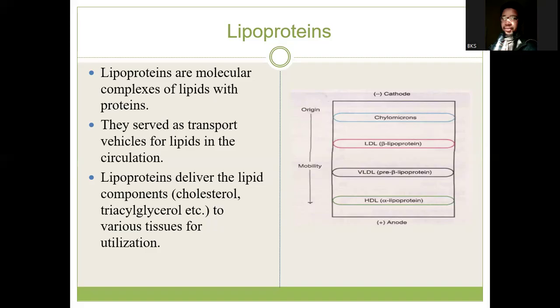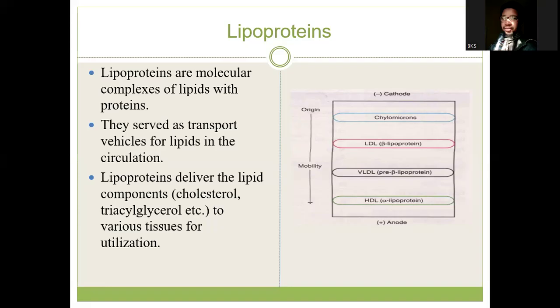These lipoproteins basically serve as the transport vesicles for lipids in the biological system, usually from one organ to another. This is based on the fact that we know that lipids are not soluble in water. And of course, if they are not soluble in water, the extracellular fluids, the blood, is more hydrophilic.